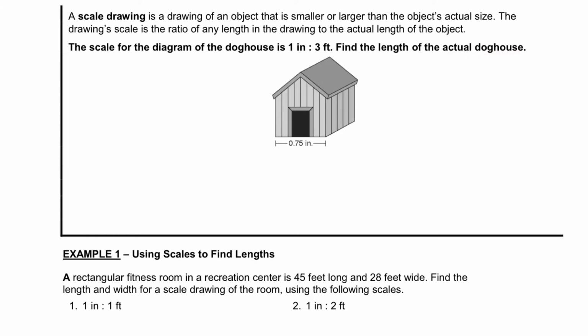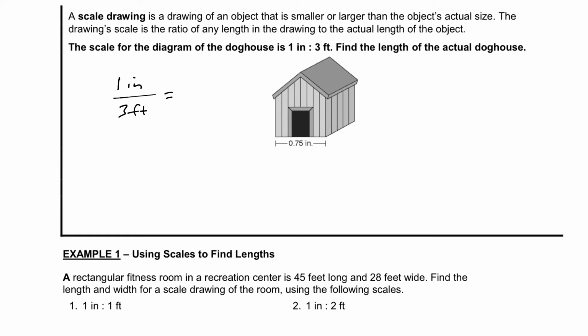So we are going to set up a ratio using the scale that they gave us. So 1 inch in the drawing is the same thing as 3 feet on the actual doghouse. And then you can see that they've given us 0.75 inches here.